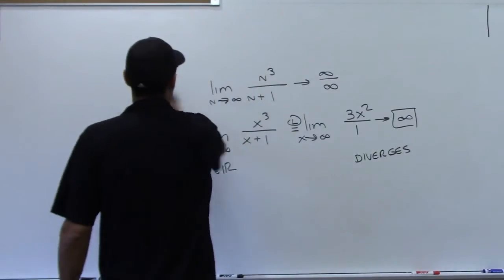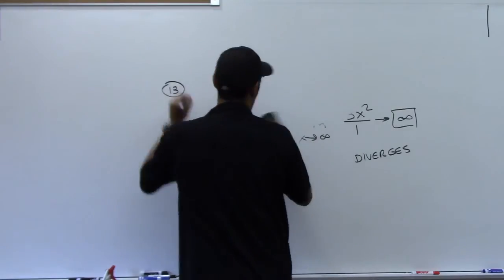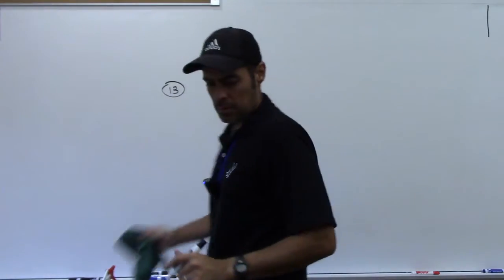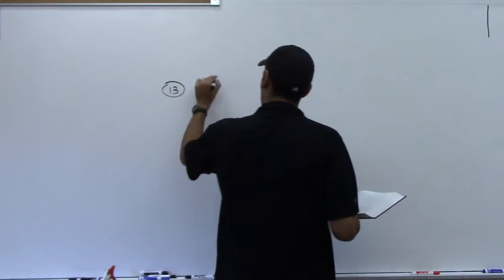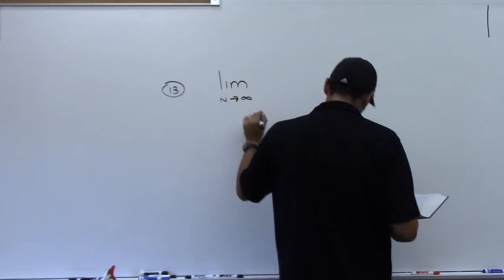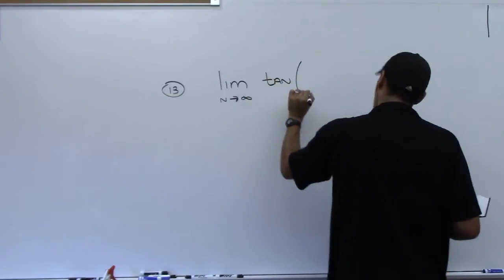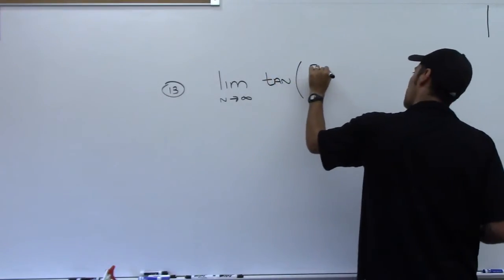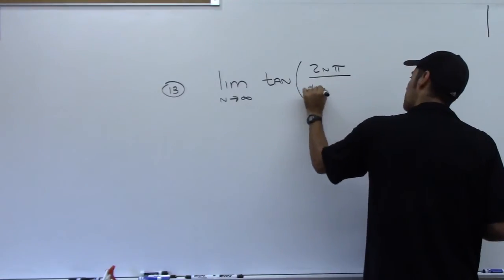All right, 13. All right. So limit n goes to infinity of tangent of 2n pi over 1 plus 8n.